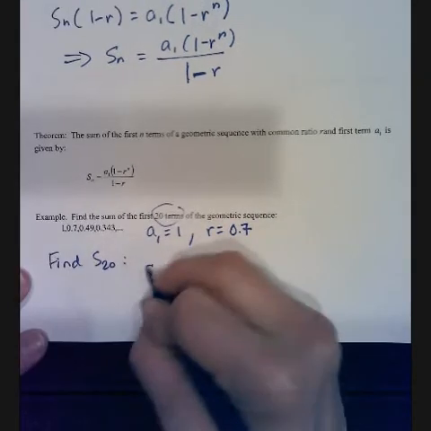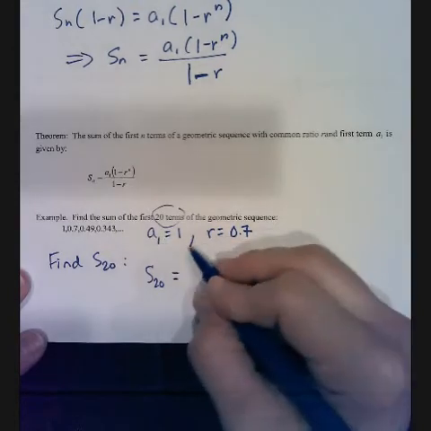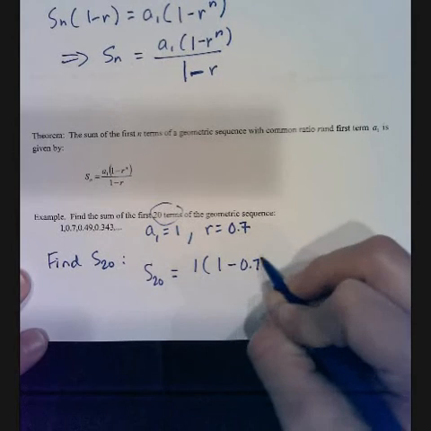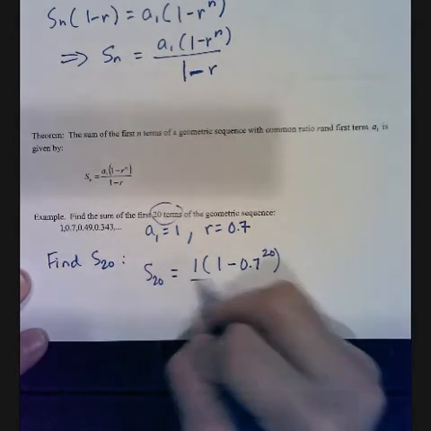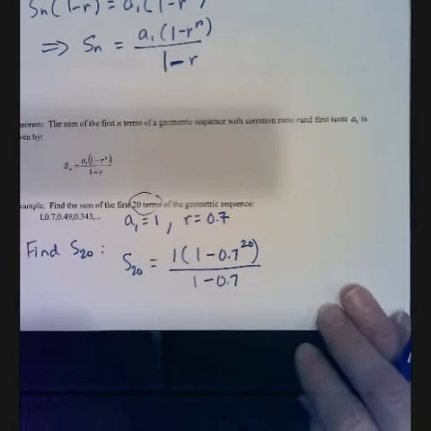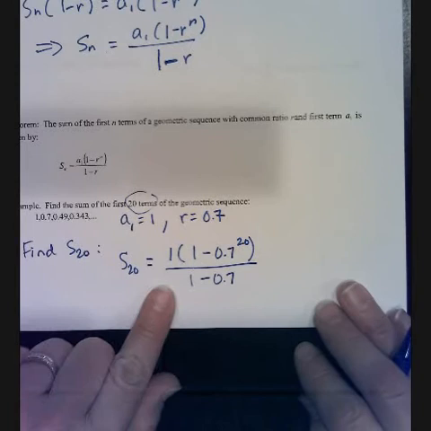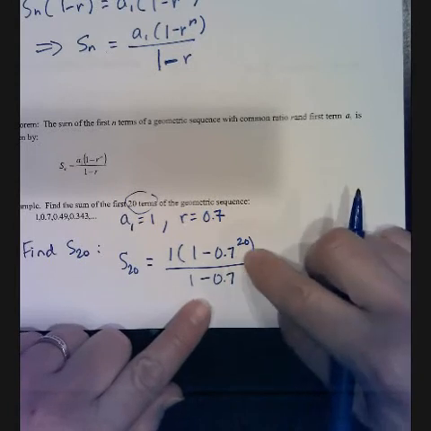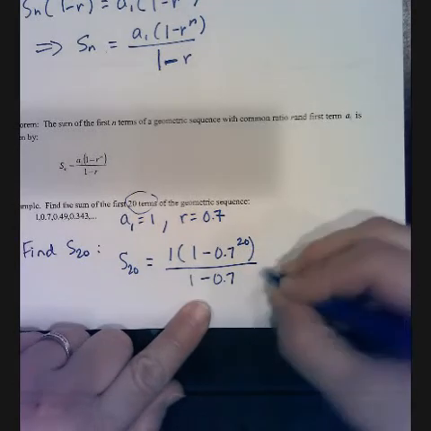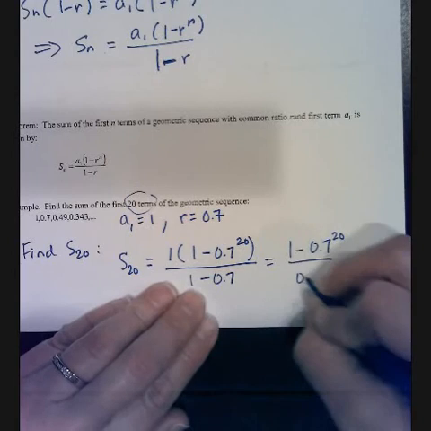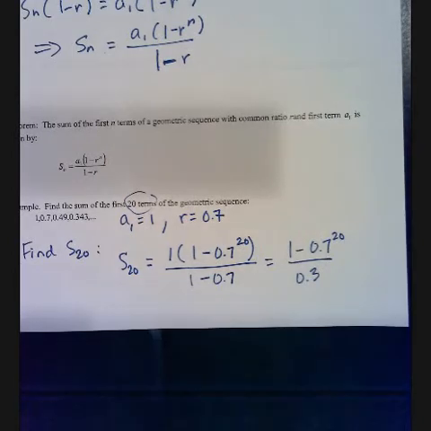So s sub 20 will equal a sub 1, which is 1, times 1 minus 0.7 to the 20th over 1 minus 0.7. This is not going to be a very nice number because you've got 0.7 to the 20th. If you had this for your answer, I'd be fine with that. But let's put it in our calculator and see what we get.